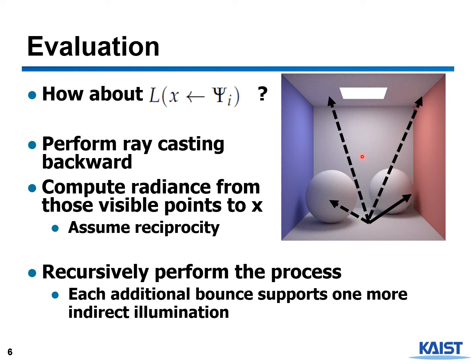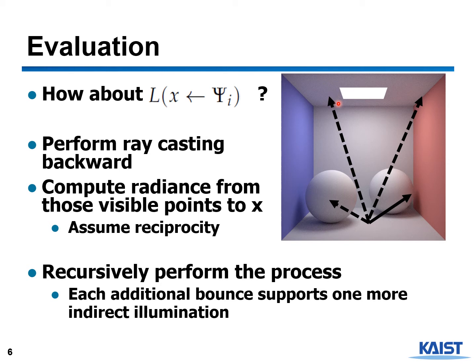So the radiance value from here to there is the same as the radiance value from there to here, so that we can simply use ray tracing in a backward way. We just compute the ray tracing from x to there. So basically, to compute this outgoing radiance, we need to perform this process in a recursive way.